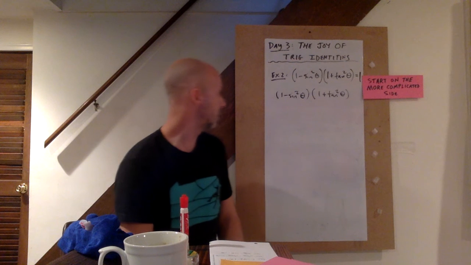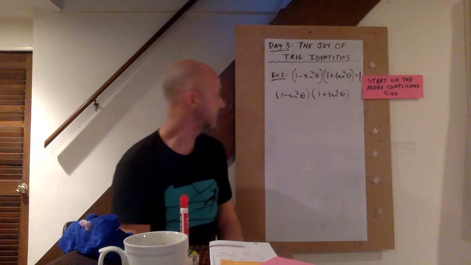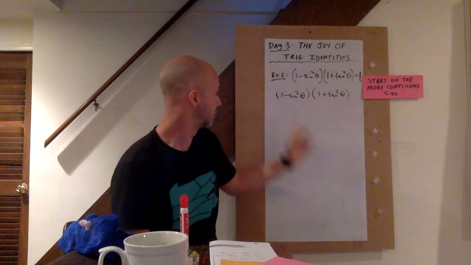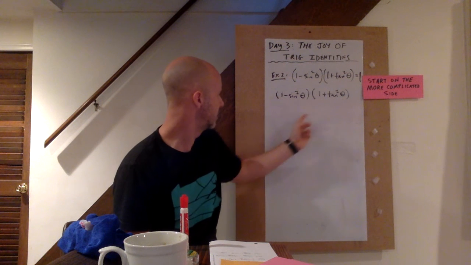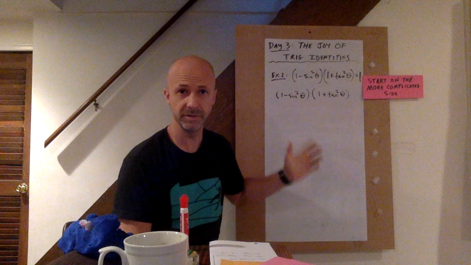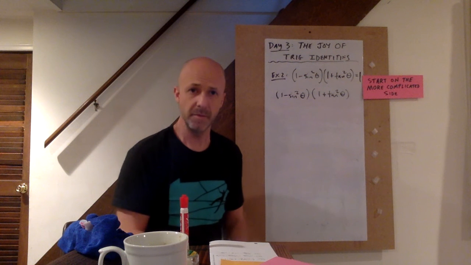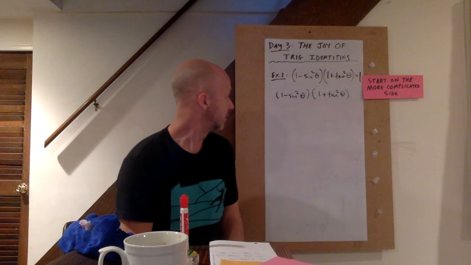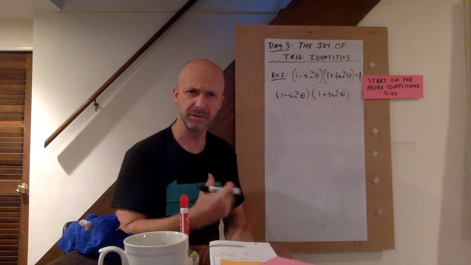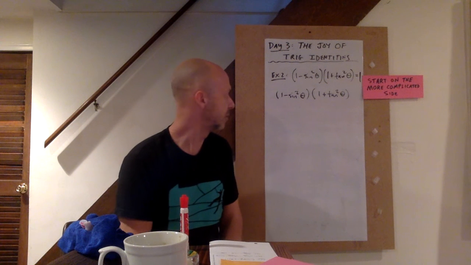So, okay, well, what now? I think a lot of us probably would be tempted to FOIL, to start multiplying 1 by 1, and 1 by tan squared, and sine squared by 1, and so on and so forth. And that would be a good step to try. When you try it, you'll notice that the expression starts to complicate more, and you wonder, how am I going to simplify it into 1?